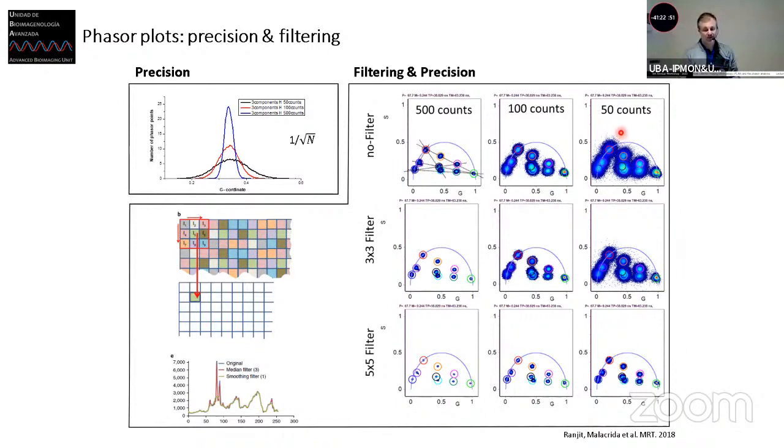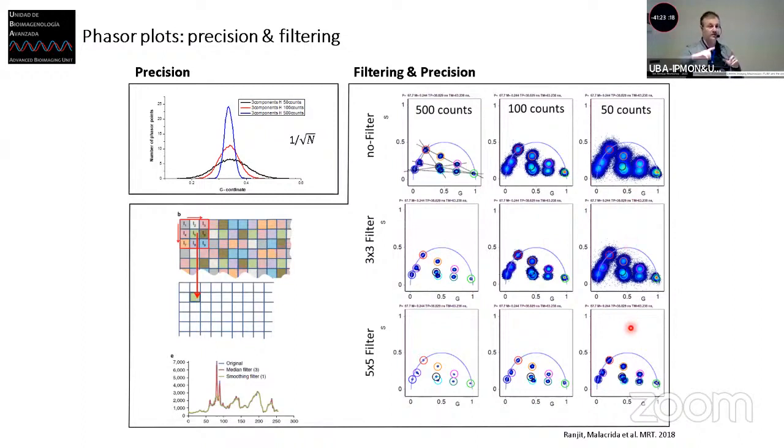But we can apply the filter. If I apply a filter with a kernel of 3 by 3, this means if we have a pixel in here, we will see what the positions around it are, and we will correct if this pixel is an outlier, a measurement which was far away for whatever reason, noise, etc. If we do so, you see that you already improved.